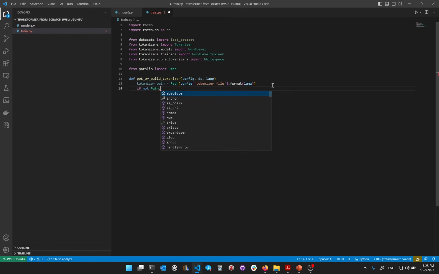So if the tokenizer doesn't exist, we create it. I took all this code actually from Hugging Face. It's nothing complicated. I just took their quick tour of their tokenizers library, and it's really easy to use. It saves you a lot of time, because building the tokenizer is really reinventing the wheel.